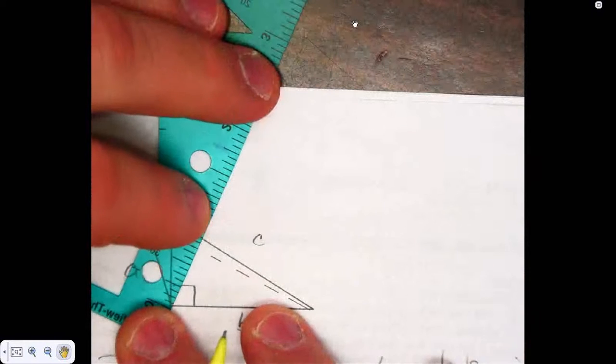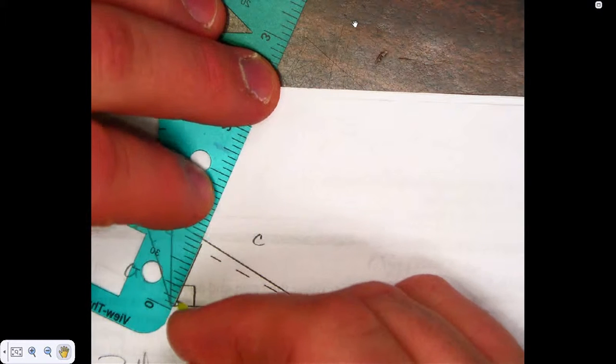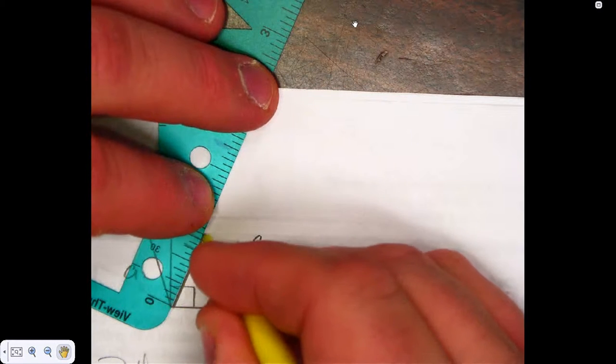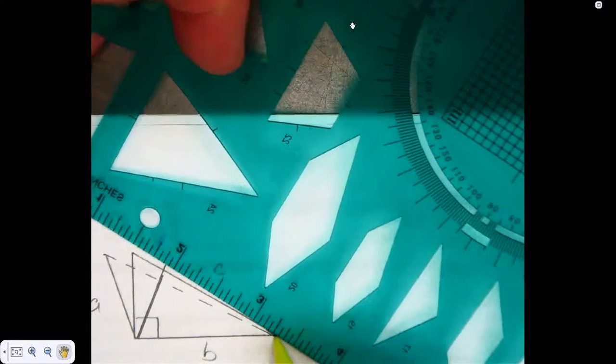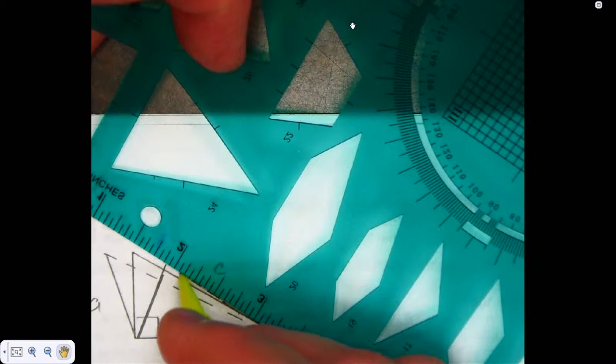If I used the exact same length, this side here, and I made it smaller, what happened to this side? It became an acute triangle, and what happened to C?